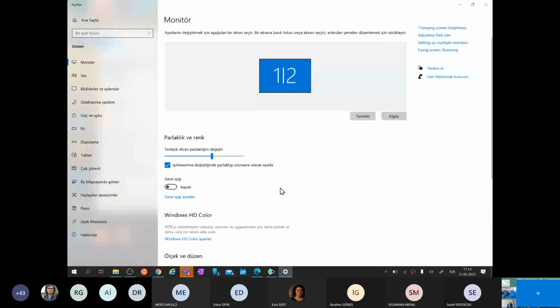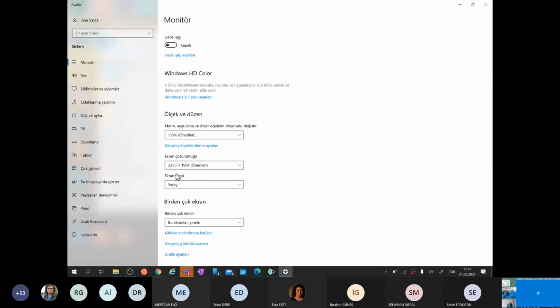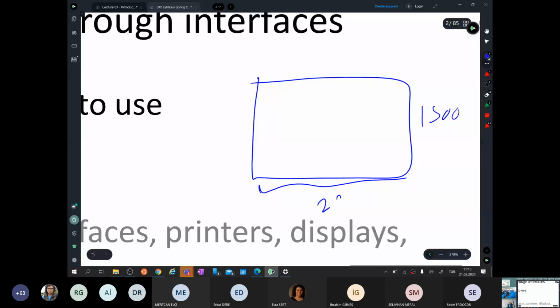So I have a matrix of dots, 2000 by 1500. There are many dots on my screen. So this is my screen. There are 1500 rows and 2200 columns.